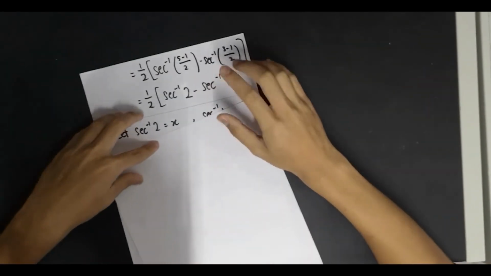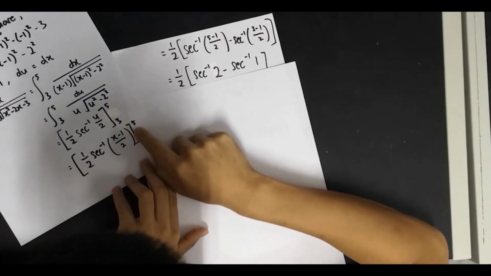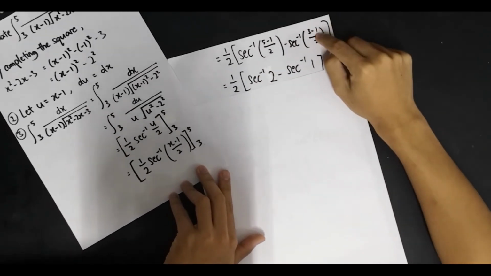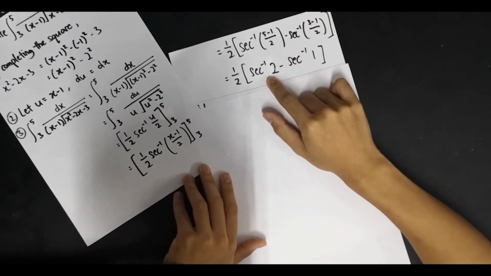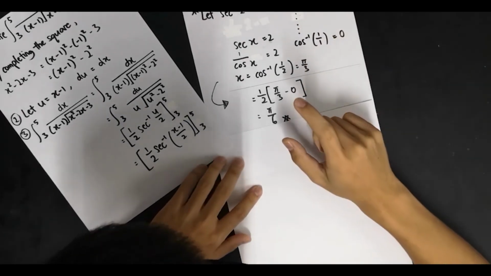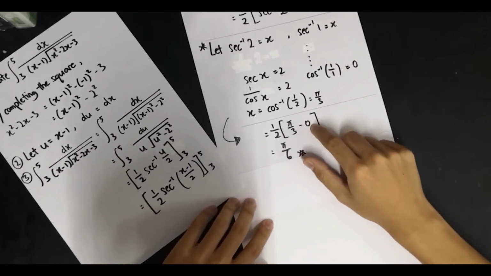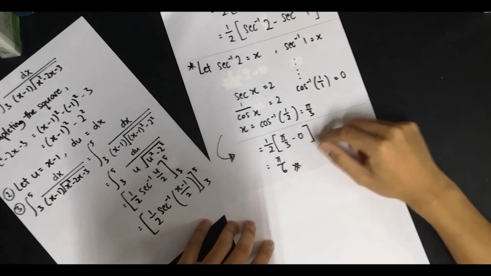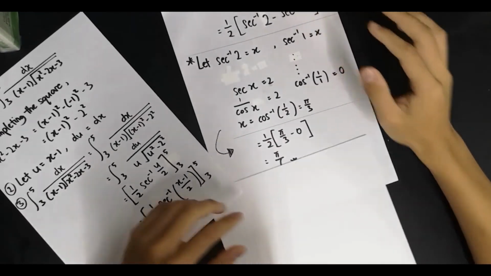After that, you substitute the values: 5 minus 1 over 2 and 3 minus 1 over 2. You get 1 over 2 times arc secant 2 minus arc secant 1. Then you get 1 over 2 times pi over 3 minus 0, and the final answer is pi over 6. In order to get pi over 3 and the 0, I have written the steps to get it. You can pause the video.